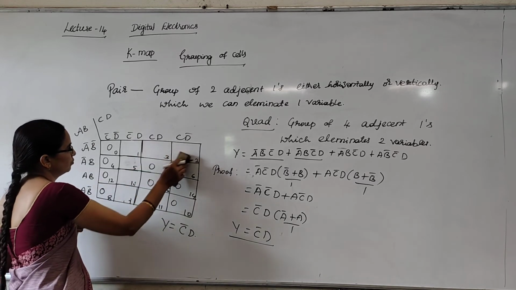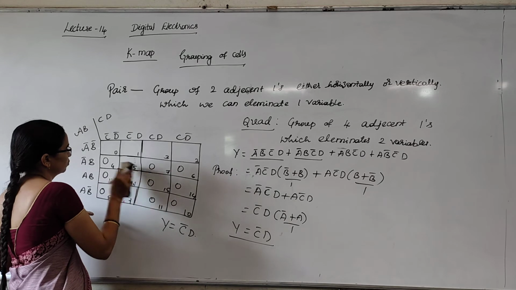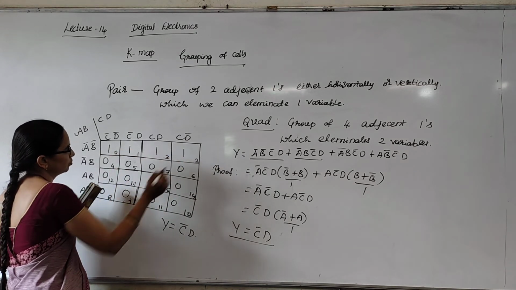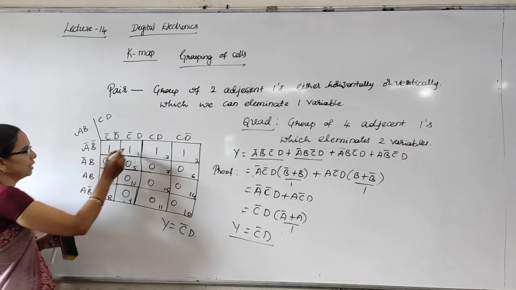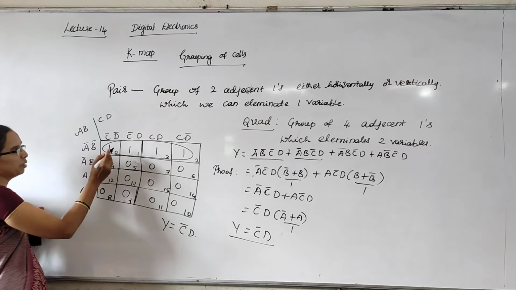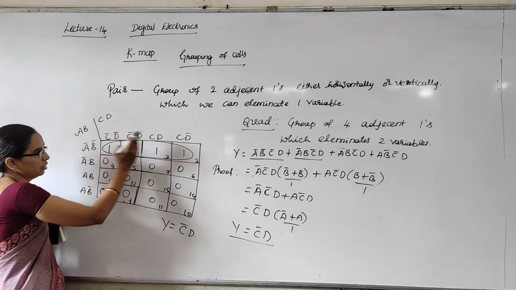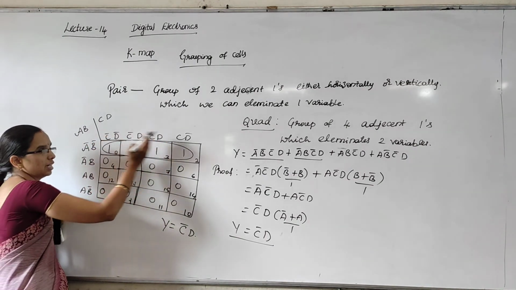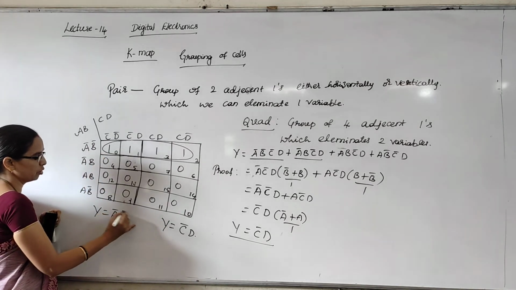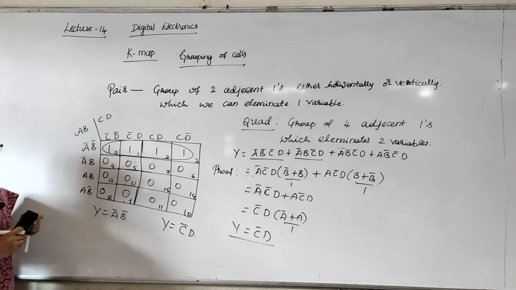If I have ones here, I can group like this, and we know that from here to here all the variables C and D are changing. Only the common thing remains, so y is equal to A bar B bar will be the simplified expression.